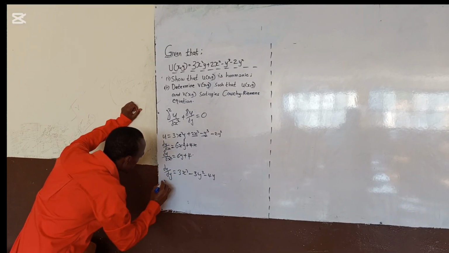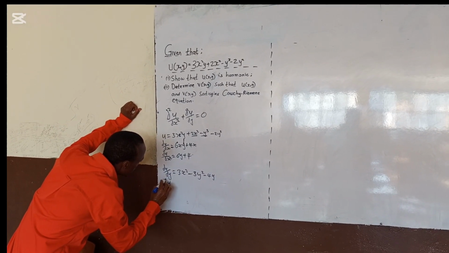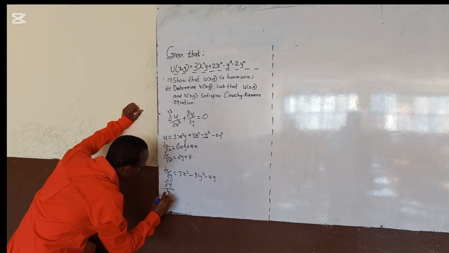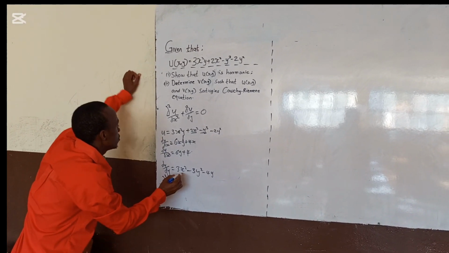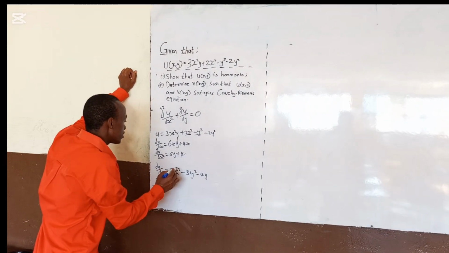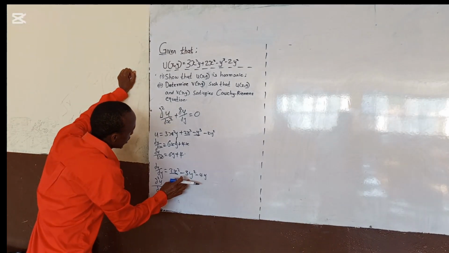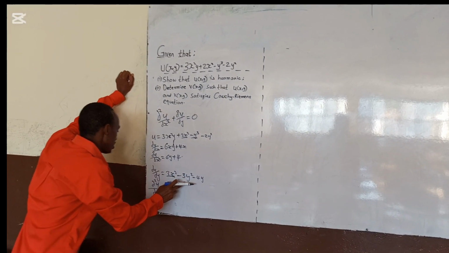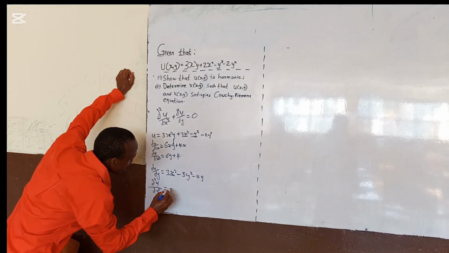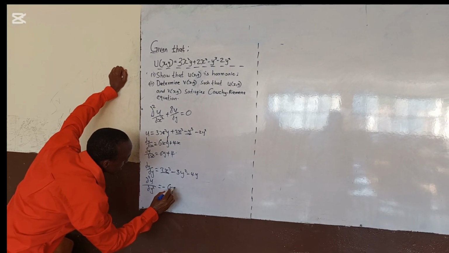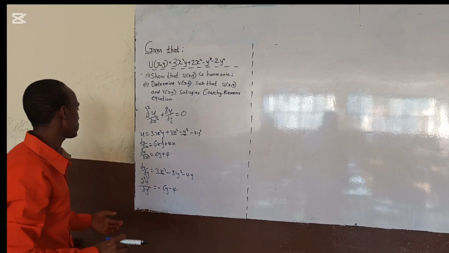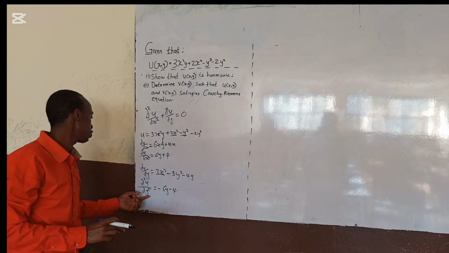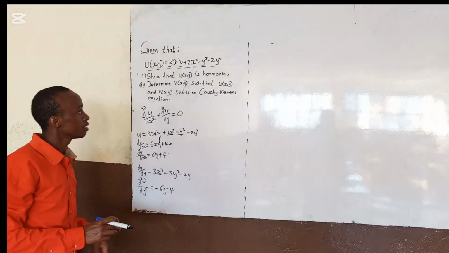If we differentiate again with respect to y, the 3x squared has no y so it becomes 0, and differentiating the rest we get negative 6y minus 4. This is our second derivative of u with respect to y.